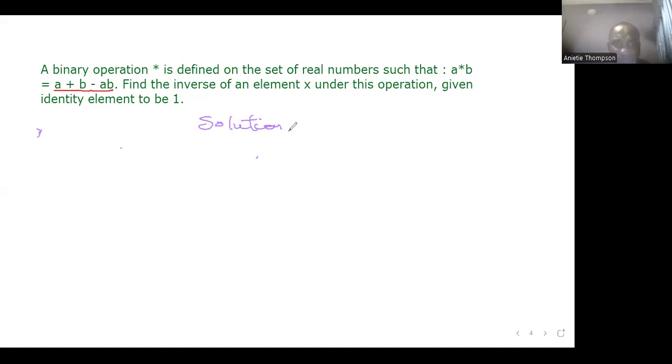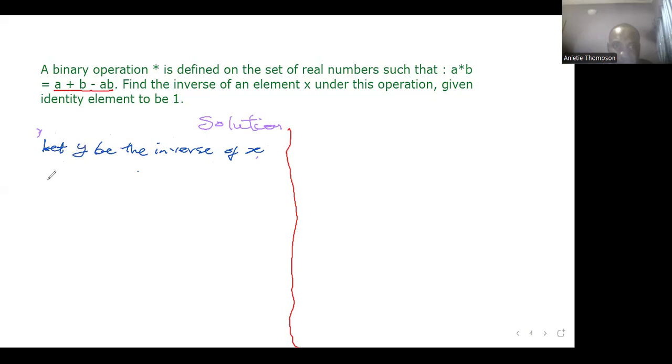And before we solve this problem, I would still like to remind you of some basic properties that I've said earlier. If x has an inverse, then let y be the inverse of element x.